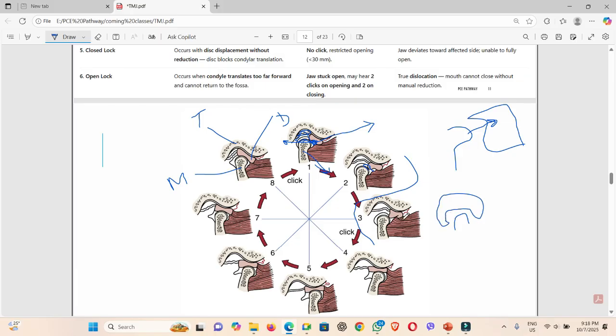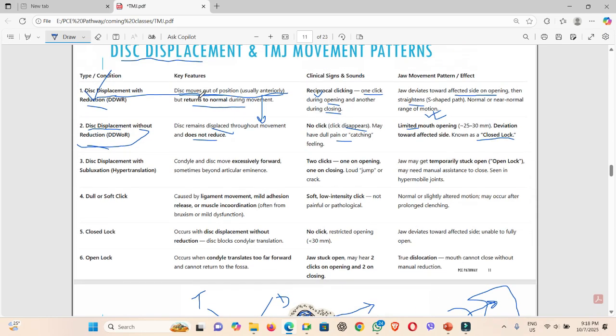So instead of jumping off the posterior part of the disc and sitting, now the condyle is further compressing the disc, which is already lying anteriorly. And the name says disc displacement is there anteriorly, but without reduction. Without reduction means the condyle is remaining posterior to the disc.